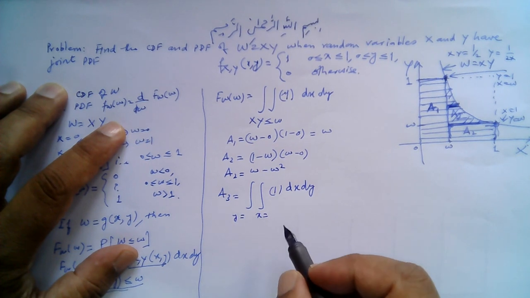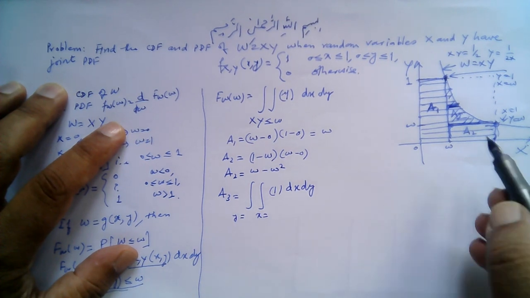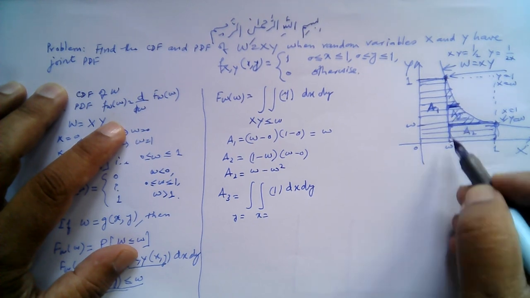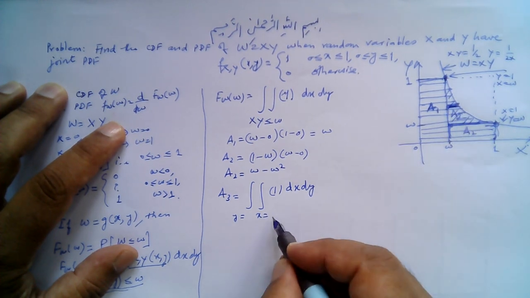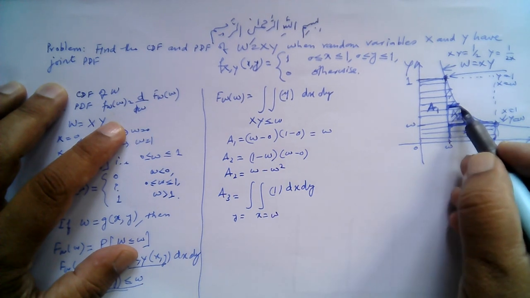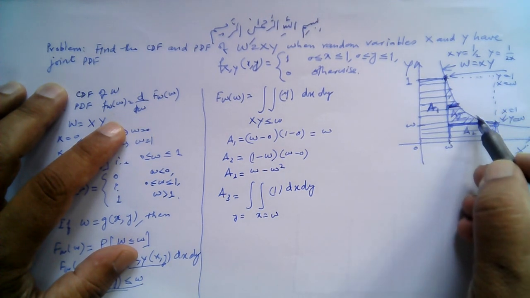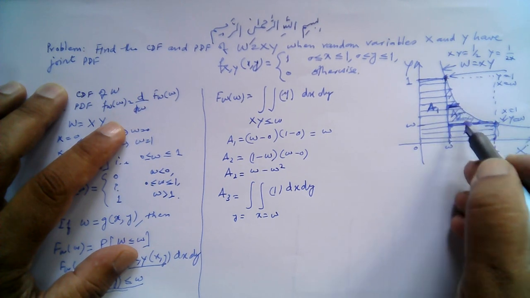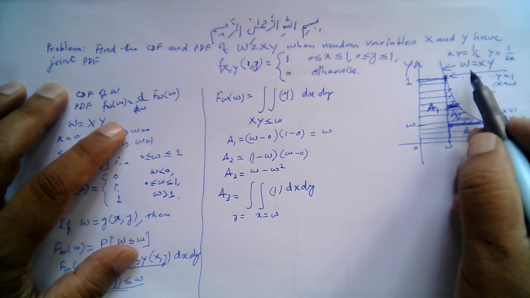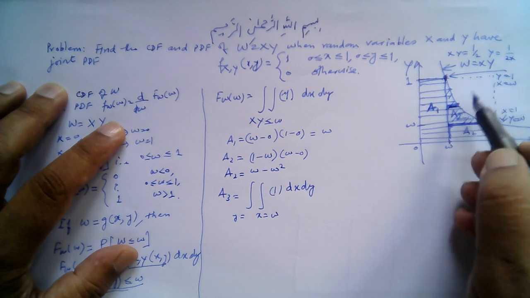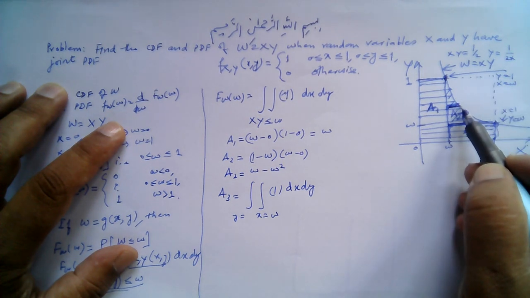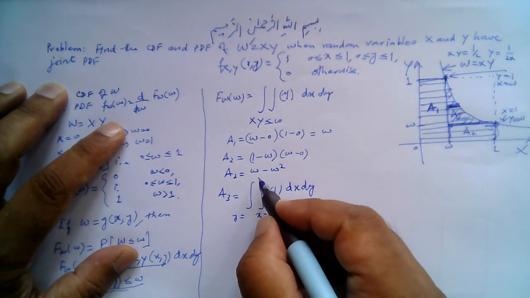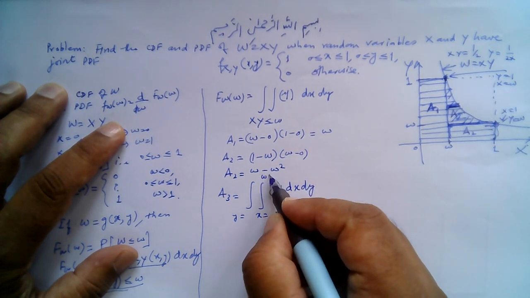How do we determine these limits? You see that this strip begins at x is equal to w, and it goes on to this curve here. This curve changes when the strip goes up and down. How does it change? This is determined by w is equal to xy. So at any particular point, the value of x is given by w over y.